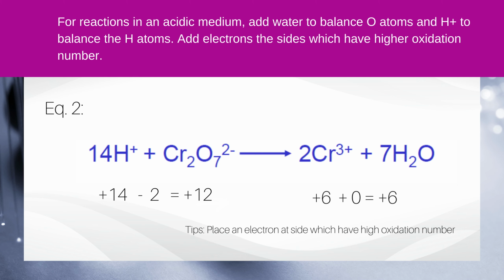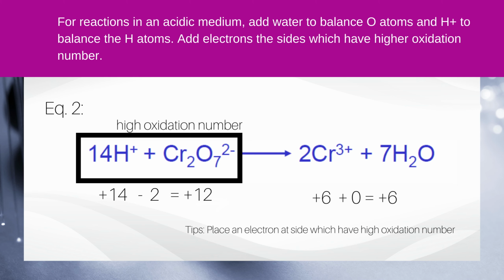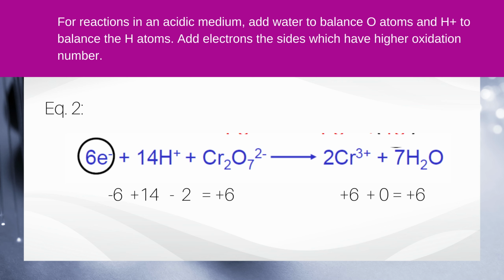The left side has the higher charge, so we add 6 electrons at the left side to balance the charge for both sides. Now equation 2 is balanced.